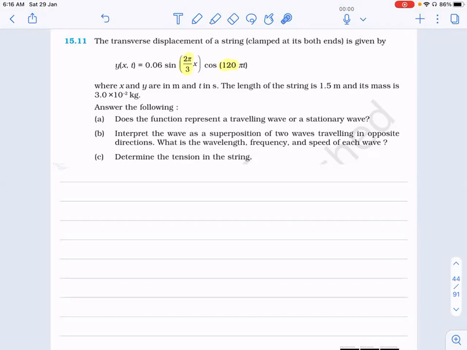Understand the question first. आया समझ में?